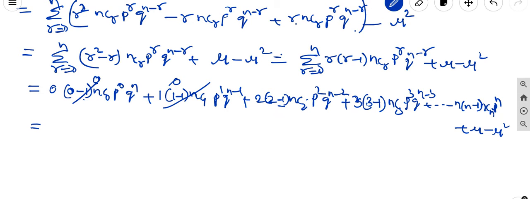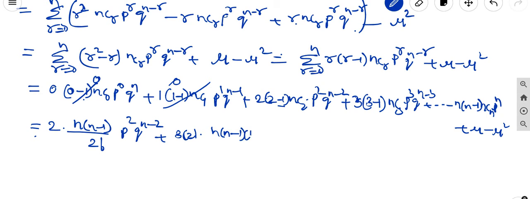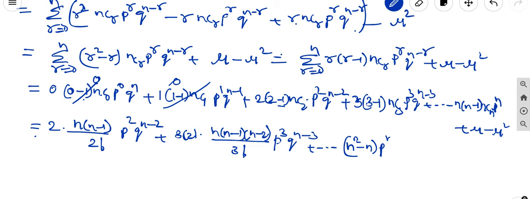So we get 2 into 2 minus 1, which is 2, NC2 is n into n minus 1 by 2 factorial, p square q power n minus 2, plus 3 into 2 NC3, which means n into n minus 1 into n minus 2 by 3 factorial, with n minus 3 factorial cancelled, p cube q power n minus 3, plus so on, n square minus n into p power n, plus mu minus mu square.